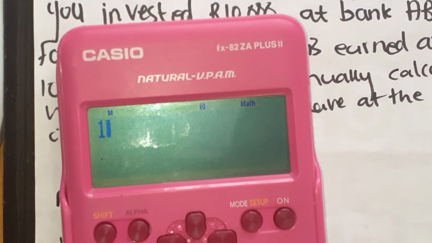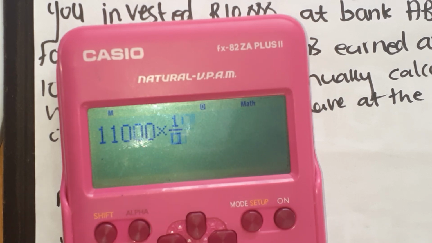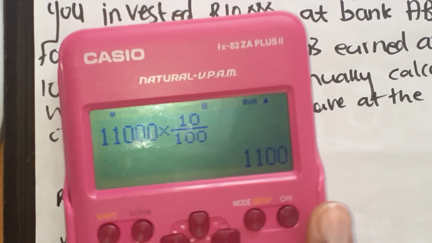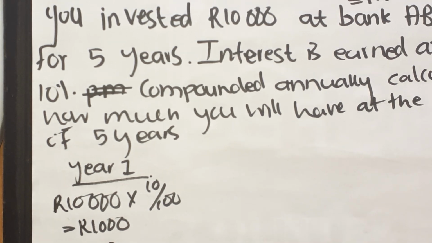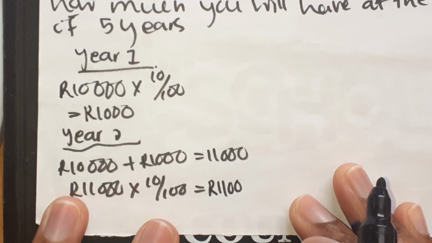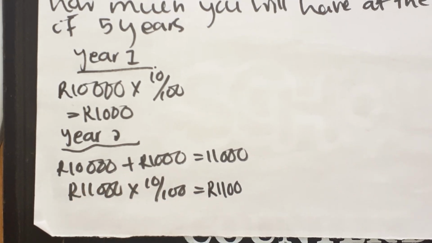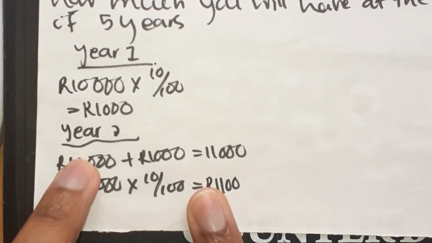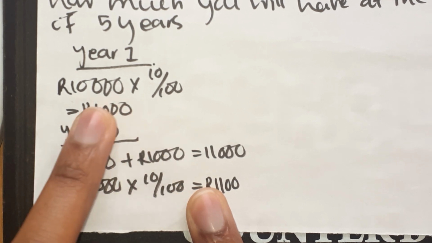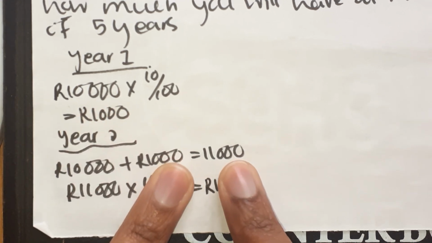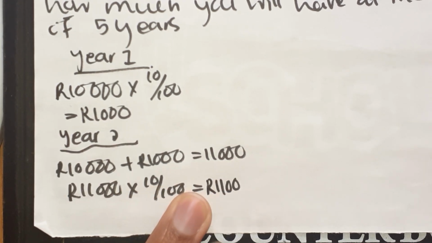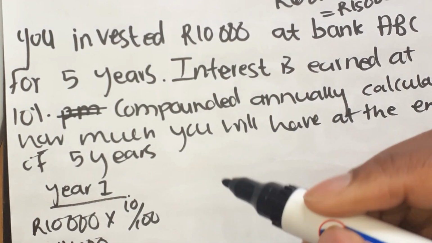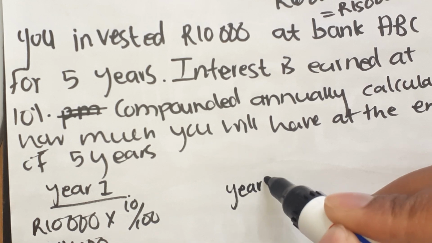So we say 11,000 times 10 over 100. The interest that we get this year is 1,100. So the 10,000 that we initially invested plus the 1,000 interest we earned last year gives 11,000. We take that 11,000 times 10% and we get 1,100 for this year.